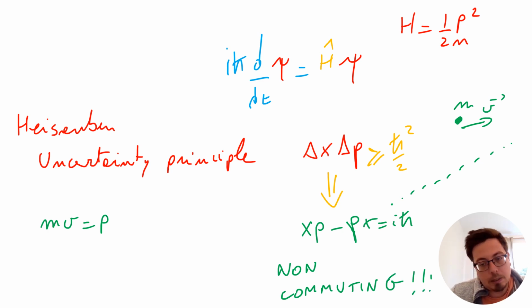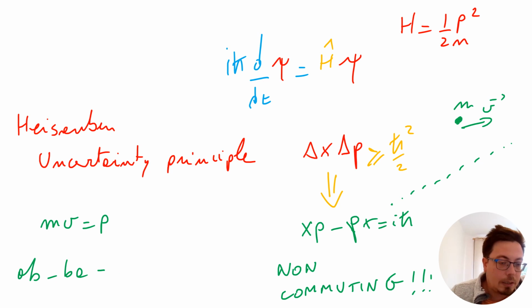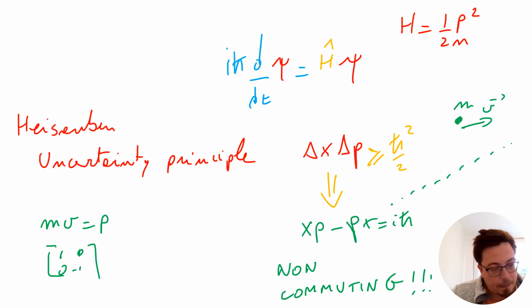And this is obviously false in classical mechanics, because if you put any two numbers, position and momentum, on a straight line, the commutator would always be 0, because a times b minus b times a is always 0 with numbers. With matrices it is not the case, because there are plenty of matrices, maybe the majority, that do not follow this rule, that do not commute.